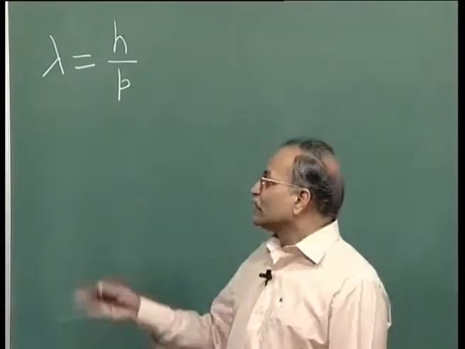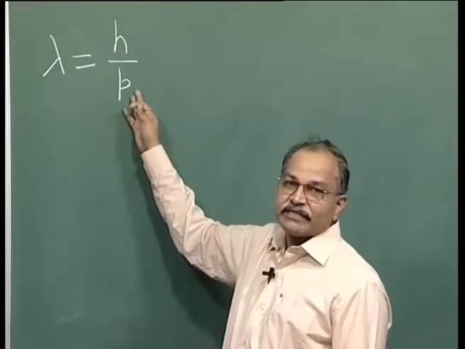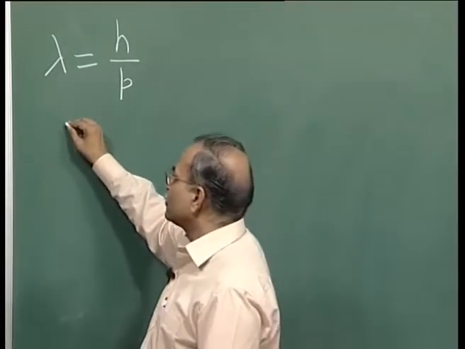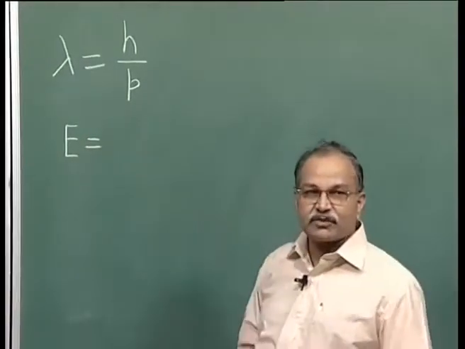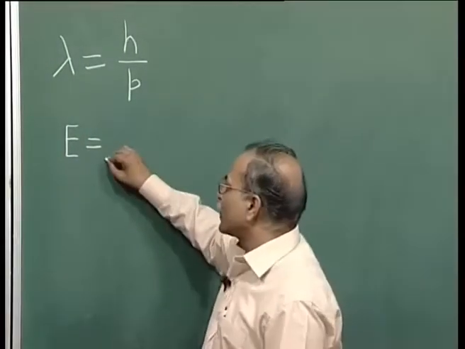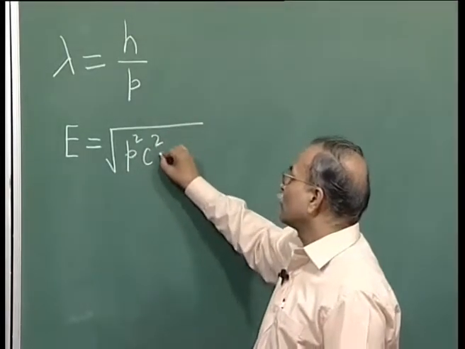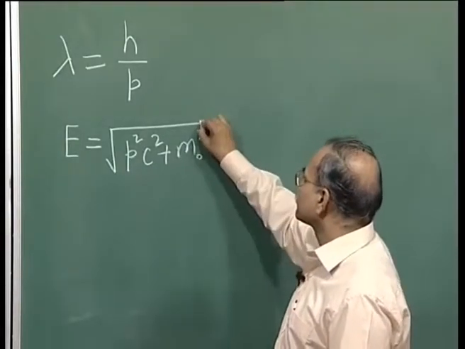If I look at the relation between the linear momentum and kinetic energy, the general relation taking relativistic effects into account is that the total energy, including the rest mass energy, everything, is the square root of p square c square plus m naught square c to the power 4.